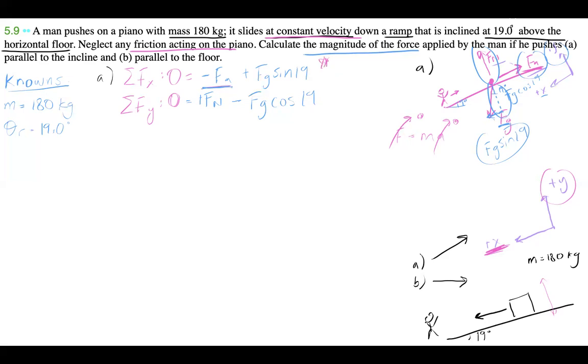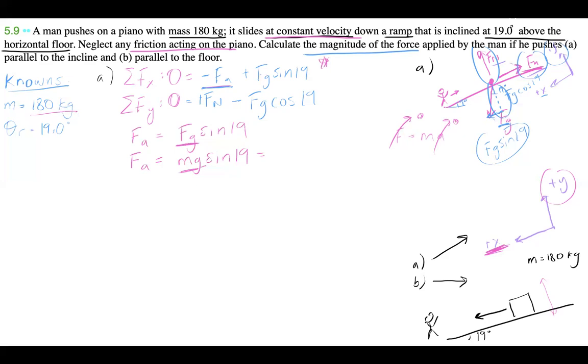So FA is equal to FG sine 19, and we can break this down, where FG is equal to mg. We're going to plug this into our calculator, because we know that m is 180 kilograms and g is 9.8.